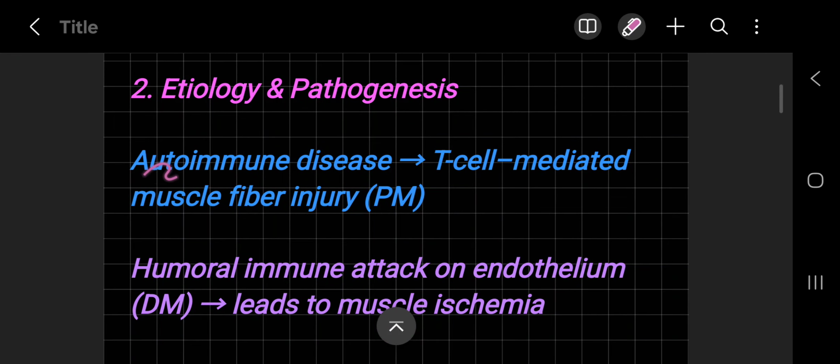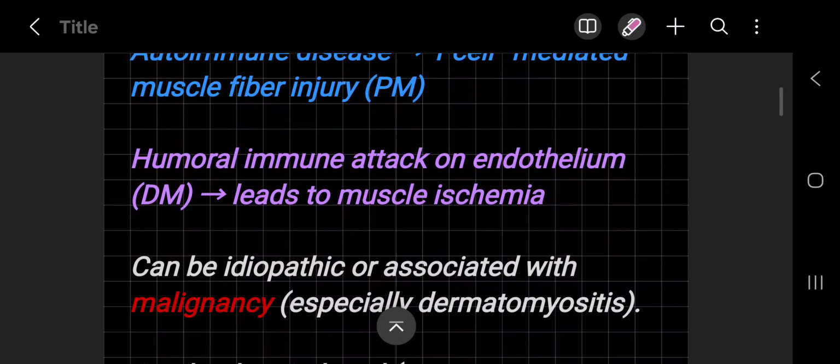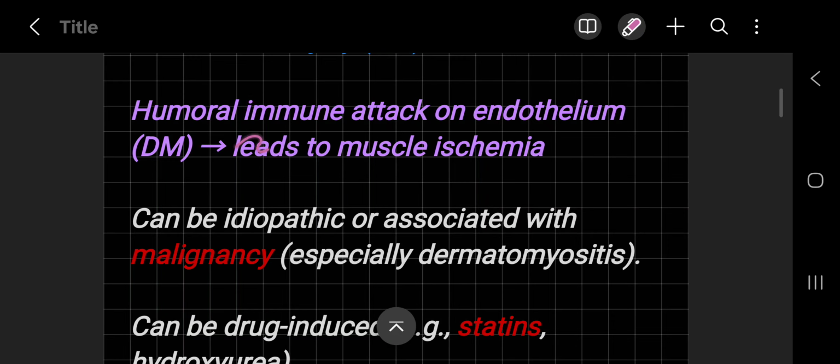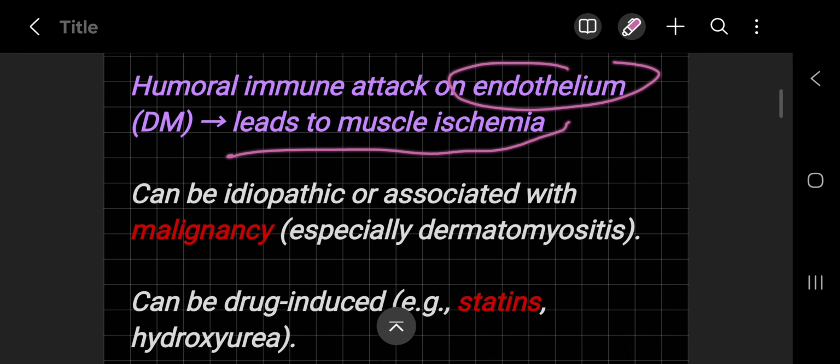Etiology and pathogenesis. Dermatomyositis and polymyositis both are autoimmune diseases. These are T-cell mediated, leading to muscle fiber injury. In case of dermatomyositis, mainly there is a humoral attack mechanism on the endothelium, leading to muscle ischemia.